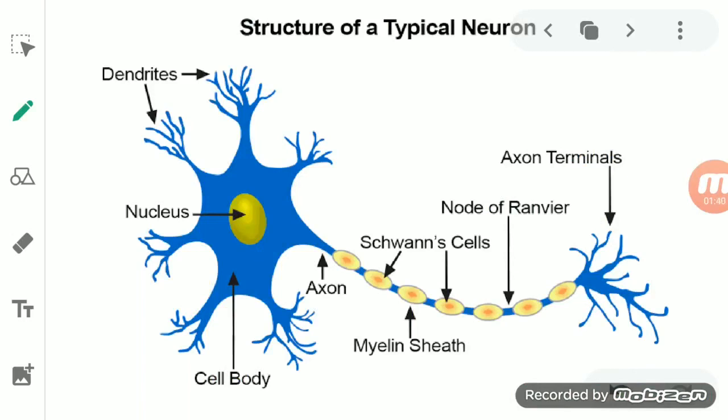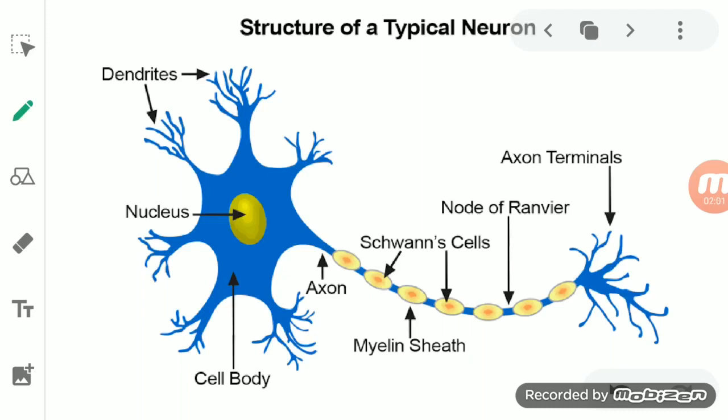Now neurons have the ability to receive stimuli from outside or from within the body and conduct, or we can say send, the impulses to the different parts of the body.